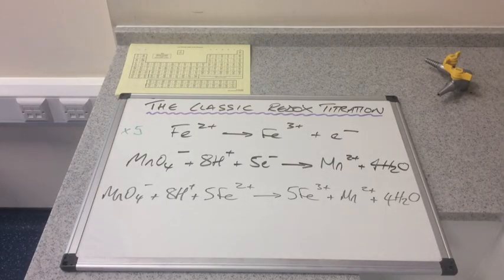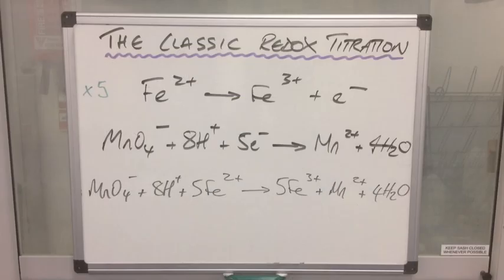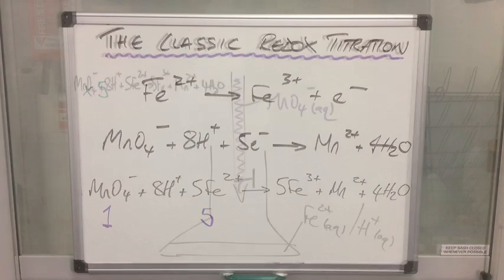And there's your overall equation. I haven't bothered to write the 5 electrons on each side because they obviously cancel out. The important aspect of this redox reaction is that 1 mole of manganate 7 ions will react with 5 moles of iron 2+ ions, and that's going to be very important when we go on to our calculations, which we're going to look at now.